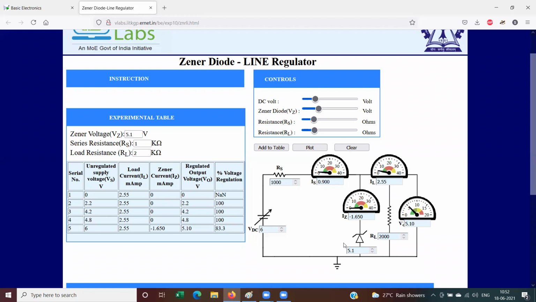KCL is valid, but they should have done it in a better way. They are very confusing. Now if I keep on increasing the voltage, the voltage across the load will not change.